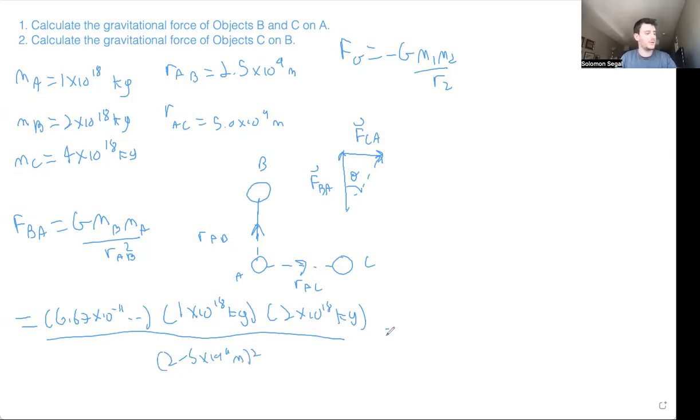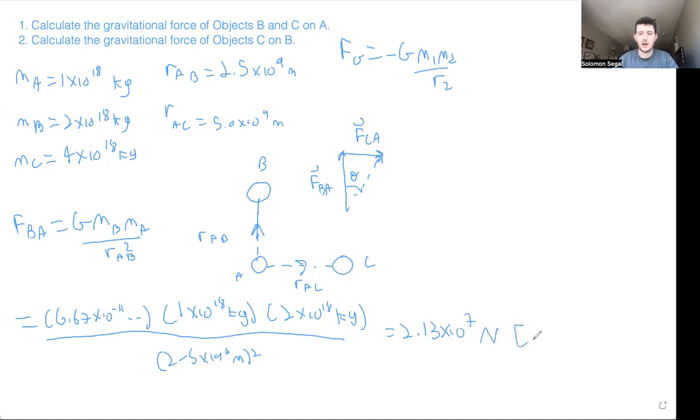And if we put this into our calculator, let's see what we get. 6.67 times 10 to the negative 11 times 1 times 10 to the 18 times 2 times 10 to the 18 divided by 2.5 times 10 to the 9 squared. And we get 2.13 times 10 to the 7 newtons.